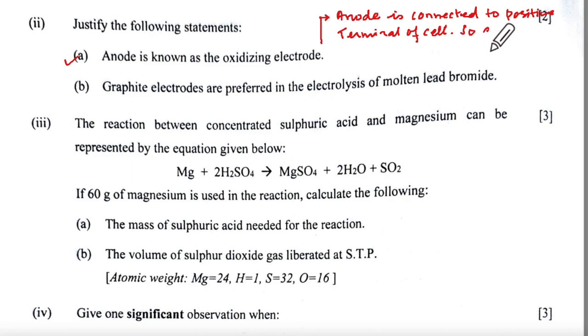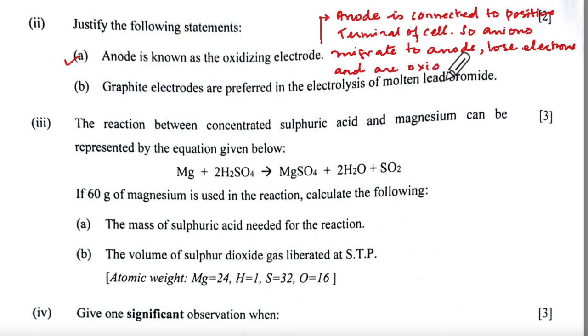So the anions migrate to anode, lose electrons, and are oxidized. Hence, anode is the oxidizing electrode. So this was your A answer.